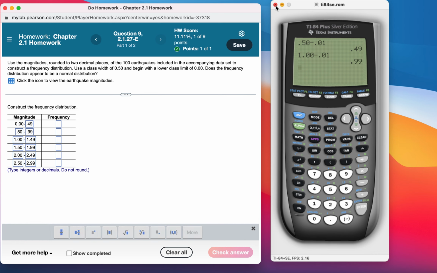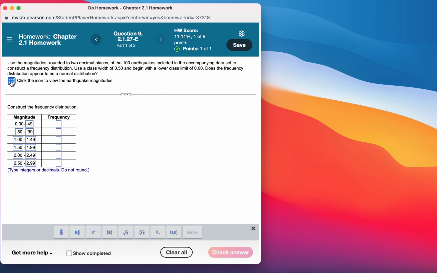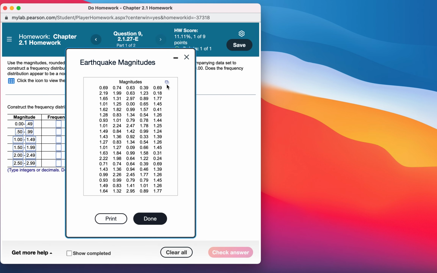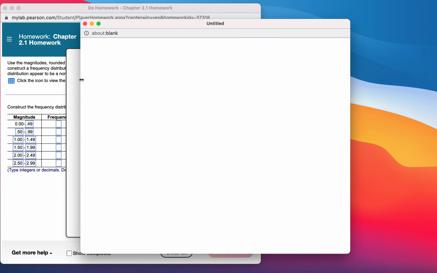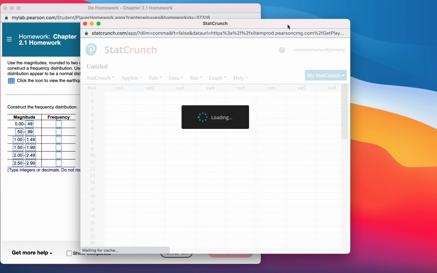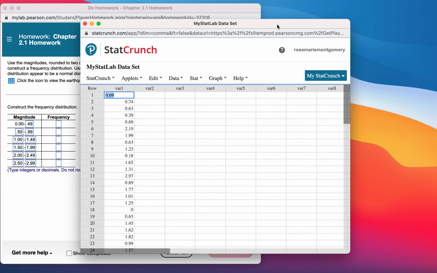Now what I want to do is open up StatCrunch to find the frequencies. So we'll open StatCrunch. And while that's loading, let me move things around so we can see both of these. Okay, so I have my data here.